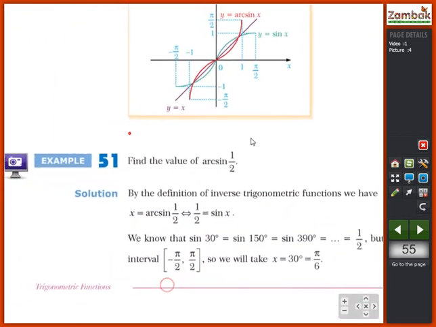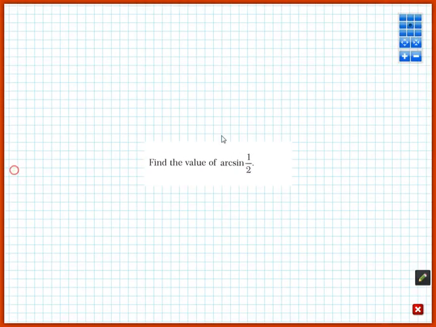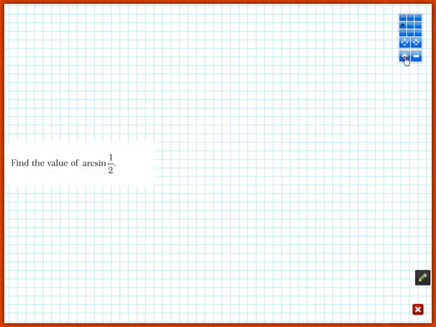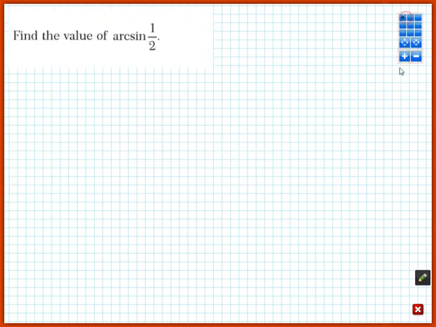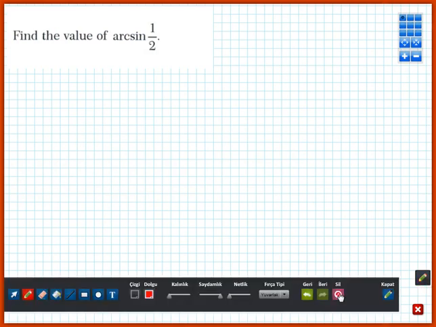Now let's solve some examples. We have to find arcsine of 1 over 2. What does it mean? This is the angle. The question is, for which angle between minus 90 and plus 90 will the value of the sine be 1 over 2? We have sine x must be 1 over 2, and x must be between minus 90 and plus 90.